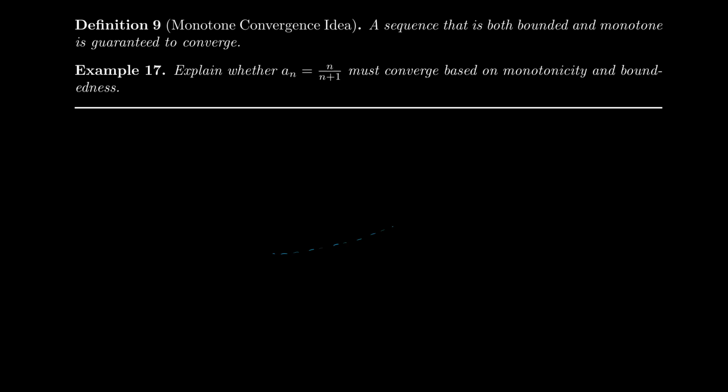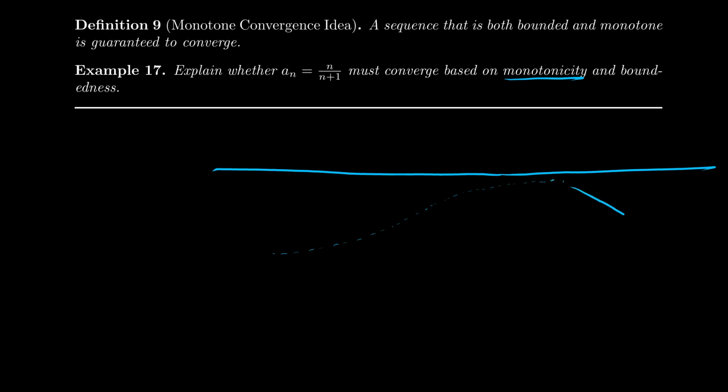So if you think about anything that's bounded and monotone, something that looks like this, it's always increasing, but there is some upper bound that it's headed towards. Because it's monotone, we know that it's always going to increase, so it's never going to do this. Because it started increasing, it has to keep increasing. Same thing, by the way, for the orange up here.